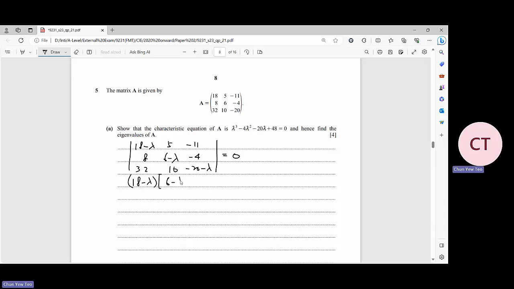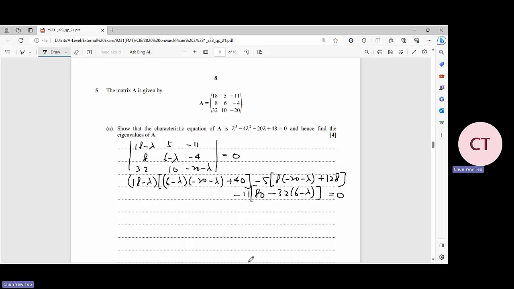So this will be 6 minus lambda times negative 20 minus lambda, plus 40, minus 5 multiplied by 8 times negative 20 minus lambda, plus 128, then minus 11 of 8 multiplied by 80, and then minus 32 times 6 minus lambda equals 0. This is what you're supposed to show.